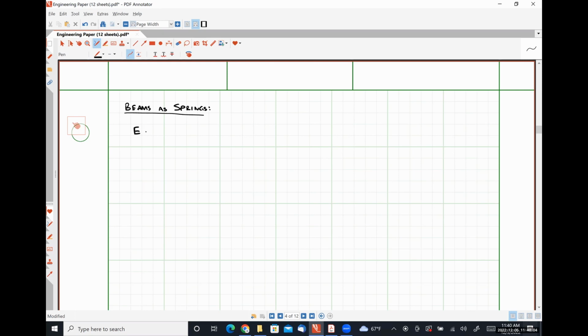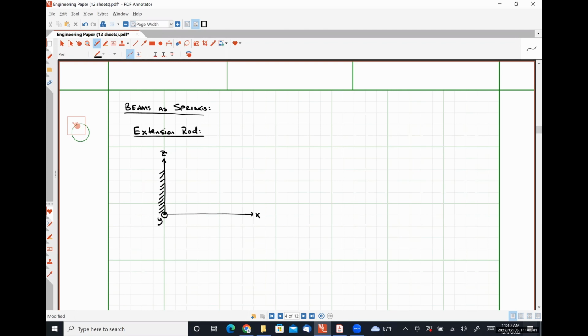So let's start with an extension rod spring. The extension rod spring is simply a beam that is undergoing normal stress. So here's our Z direction. This is going to be our X direction. Let's consider the location X equal to 0 to be our anchor point.